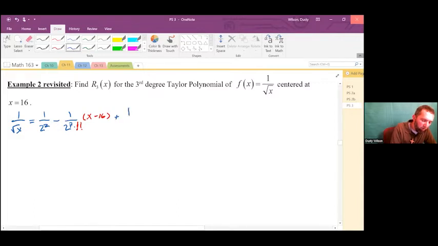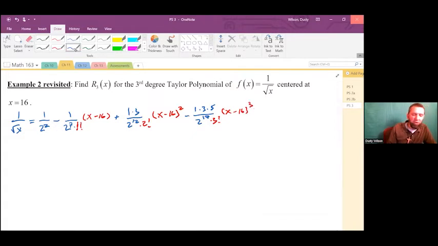Plus 1 times 3 over 2 to the 12th times 2 factorial times x minus 16 squared, minus 1 times 3 times 5 over 2 to the 17th times 3 factorial times x minus 16 raised to the third power.